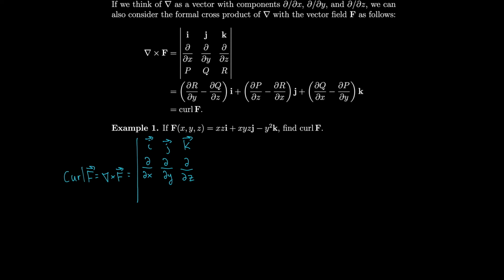And then for F, we have xz for i, xyz for j, and minus y squared for k.